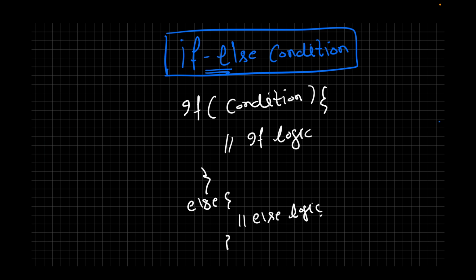Typically if the condition is true, this code will be executed, right? Now let's say this condition is false. What's going to happen is your JVM will go here and say, hey, this condition is false. So it's going to skip this entire section, and it will go to the else condition. So anything written inside this else block will be executed.